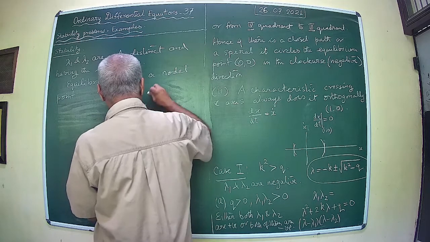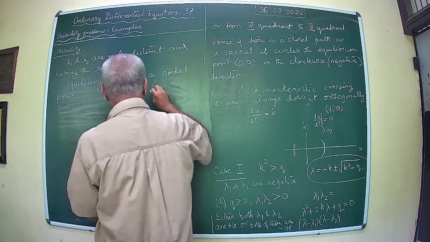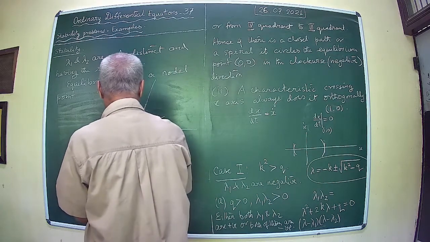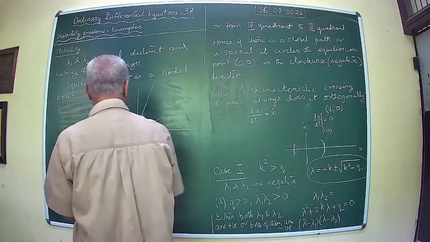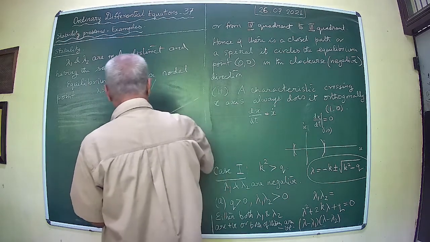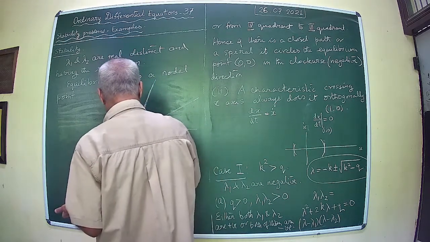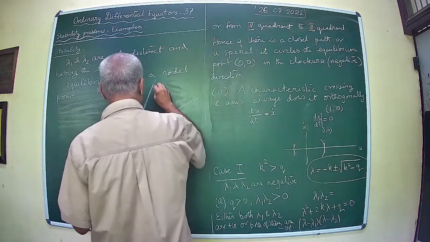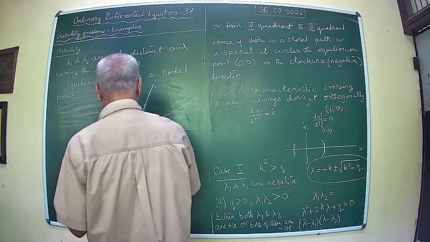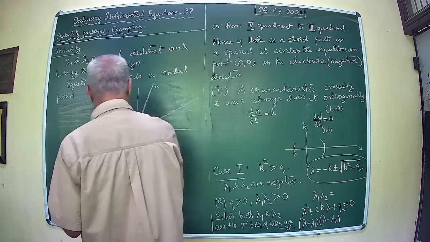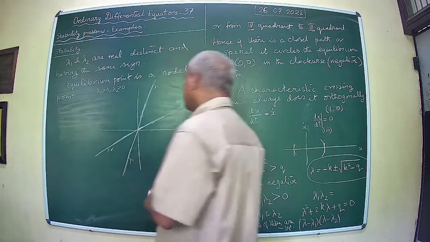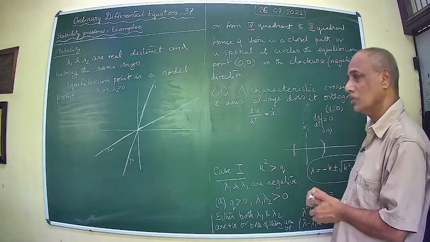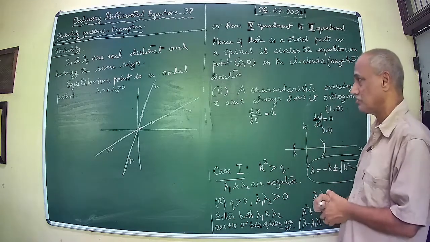So the corresponding rectilinear characteristics are these half lines. This half line, this half line, this half line, and this half line. This one corresponding to lambda 1, this is also corresponding to lambda 1. They are positive. That's what I analyzed first.